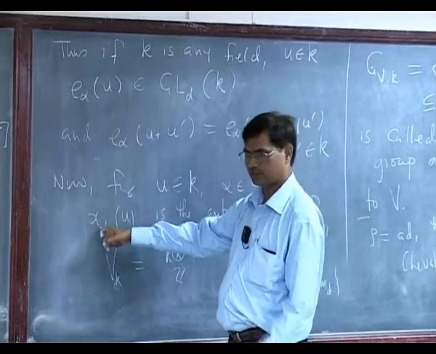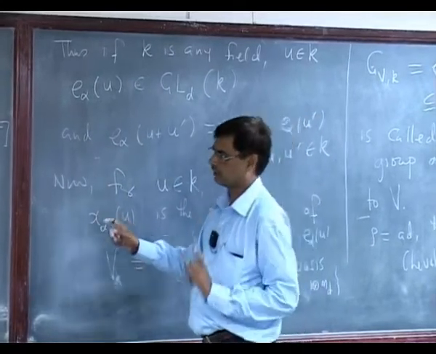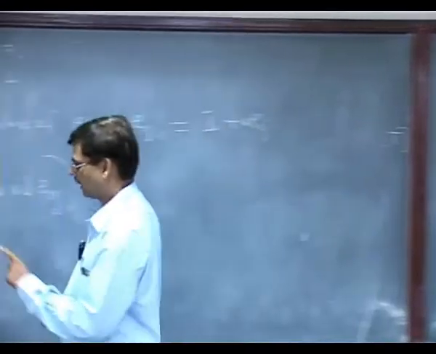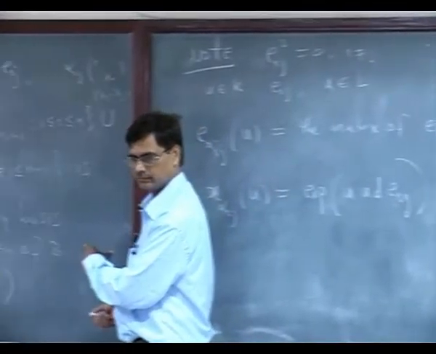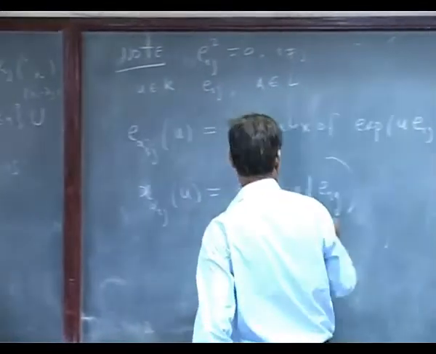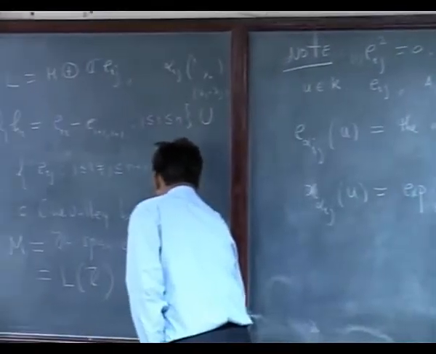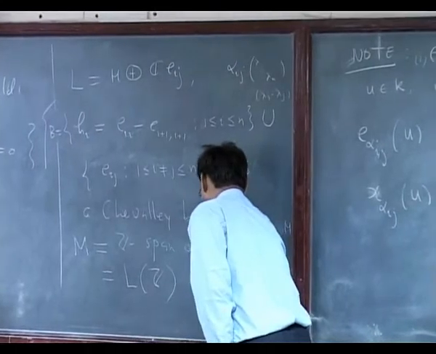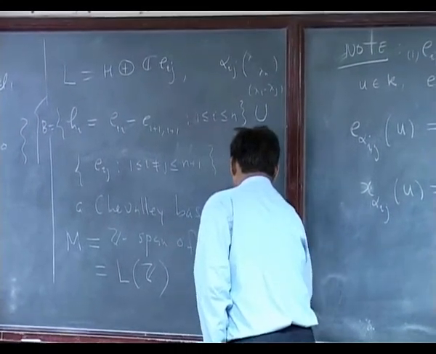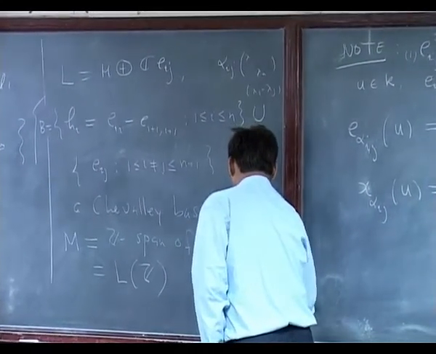So this is a transformation of what? This is a transformation of L_Z tensor K. This is a space, suppose I call it V_K.